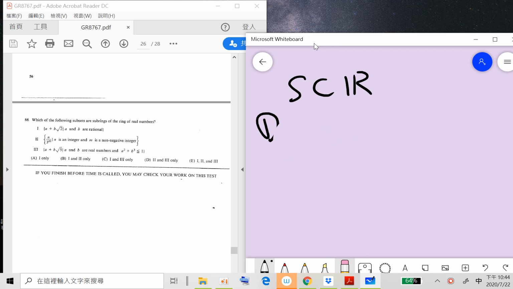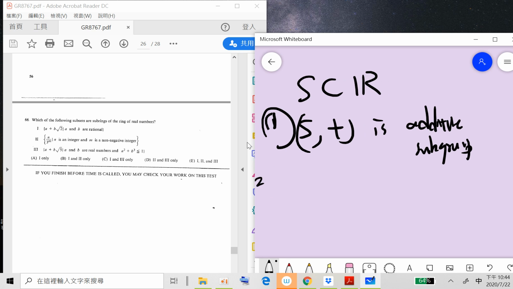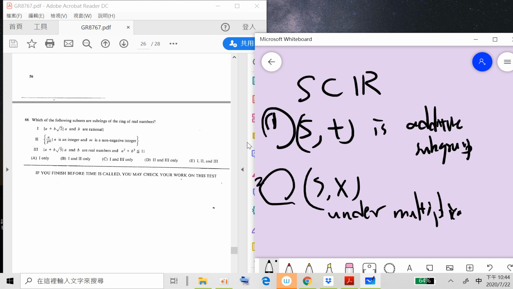Basically, a subring is, with plus, an additive subgroup, and also is closed under multiplication. This forms a subring.